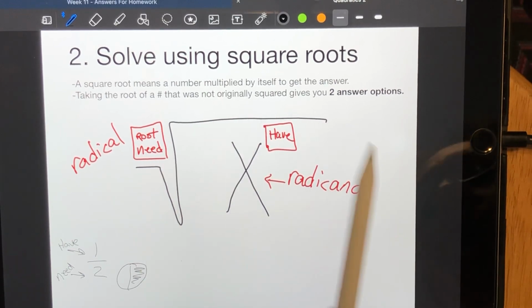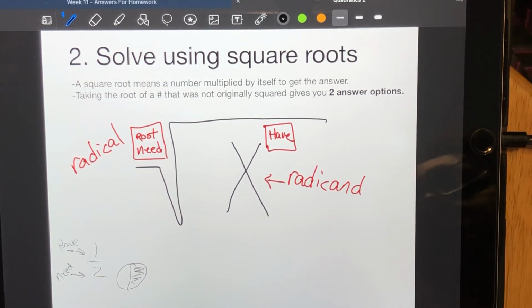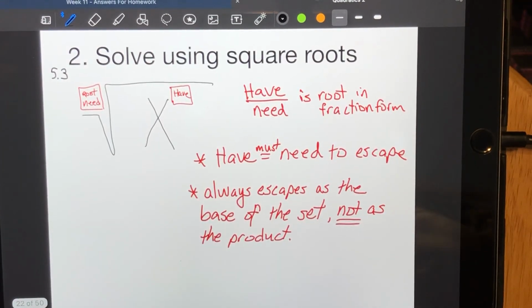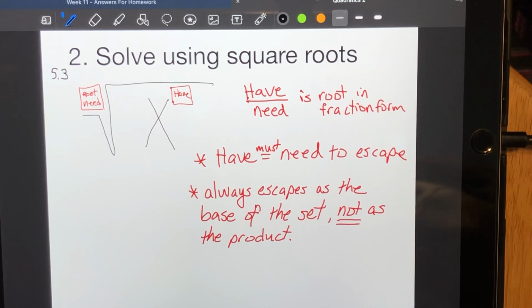For that, our square roots, or our roots and radicals, give us the same exact information. They tell us what we have over what we need to be able to make that whole and get it out. So when we solve for square roots, we are always thinking in those terms of what we have over what we need.